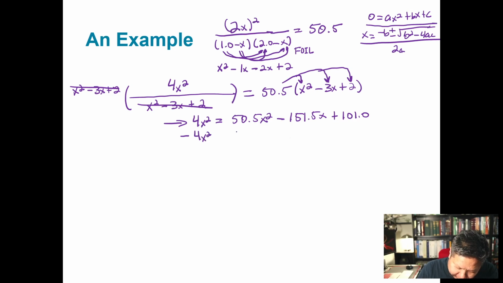So minus 4x squared there and minus 4x squared there, right? So now we go to 0 equals, and then 50.5x squared minus 4x squared gets us 46.5x squared. And then everything else stays the same.